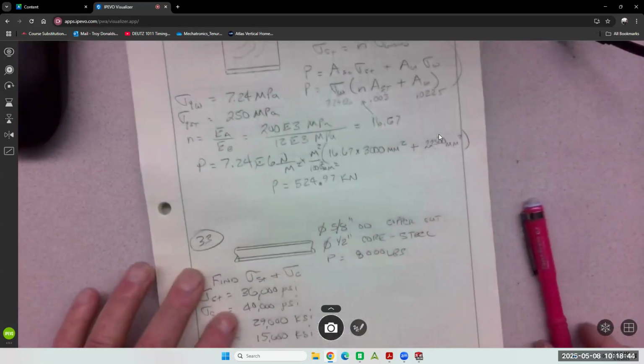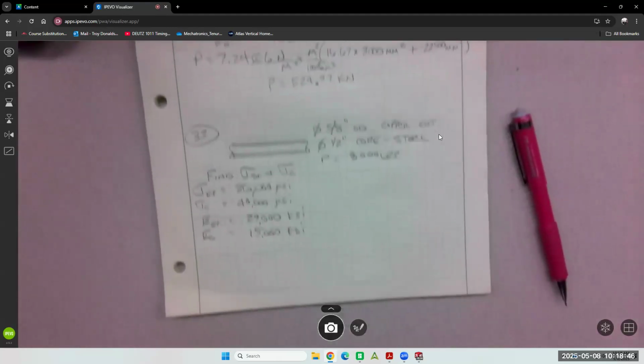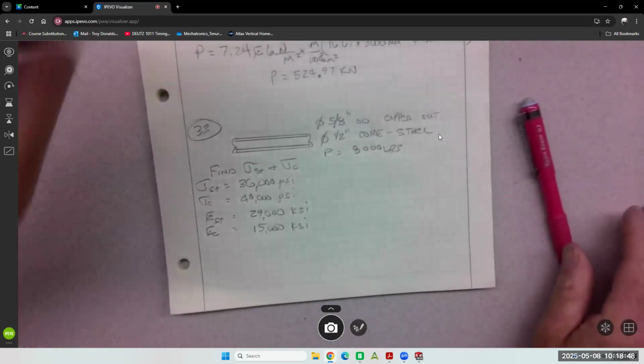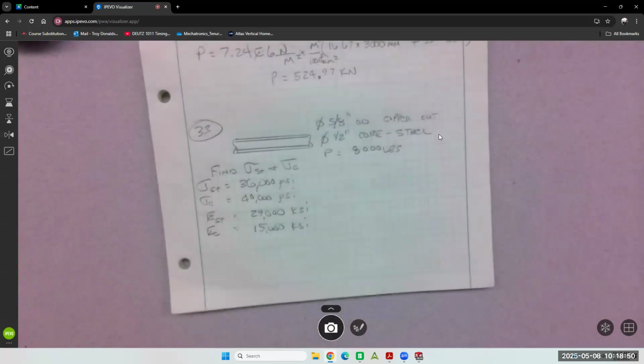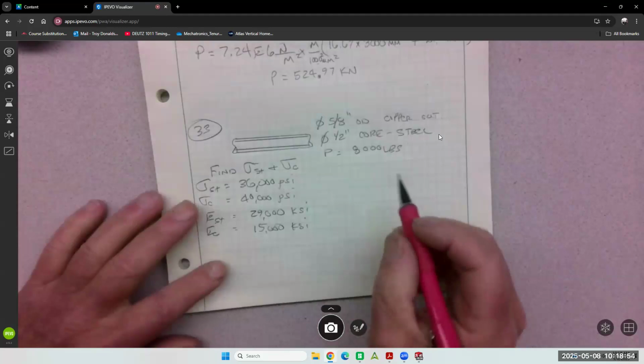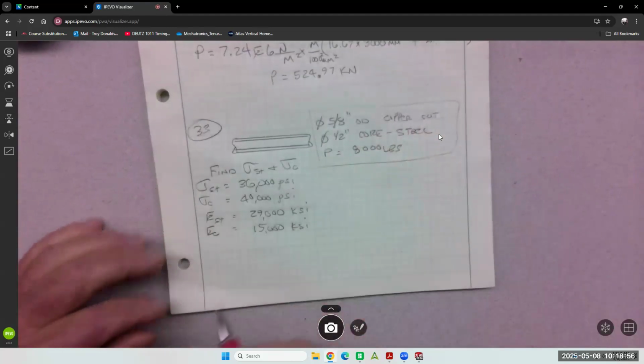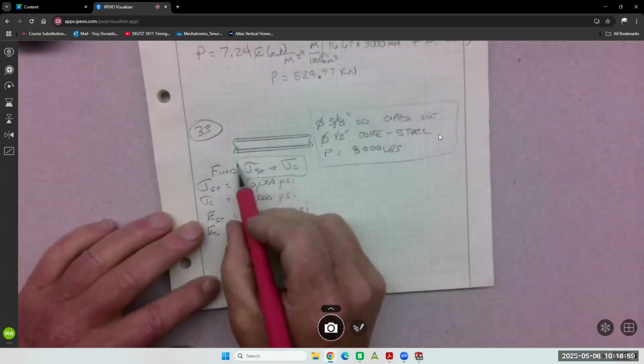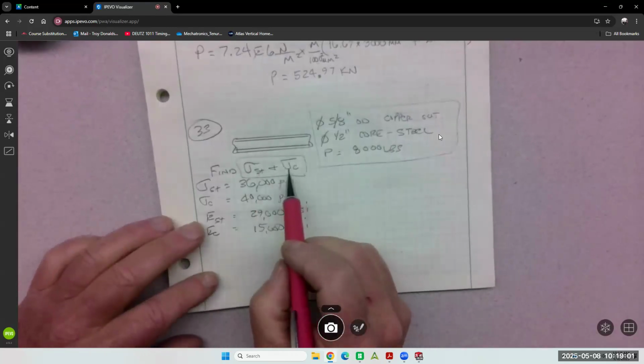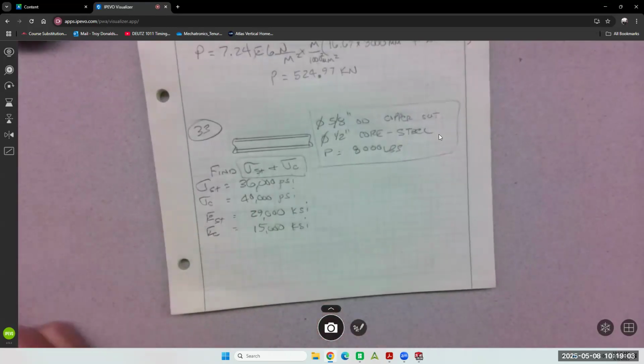Second one is our wire. We got a copper coated wire, a steel core, and a load of 8,000 pounds. They want to know what's the stress in the steel, what's the stress in the copper. Which is material A?